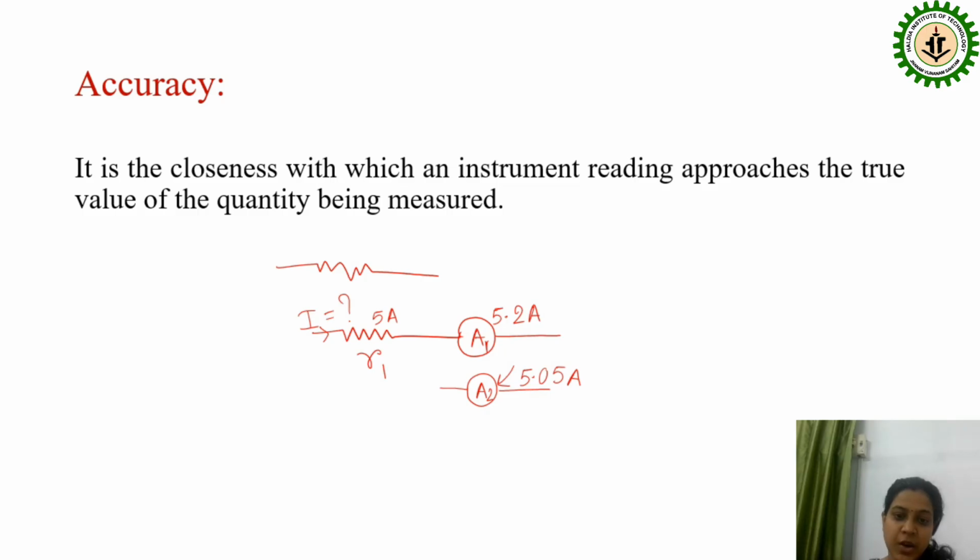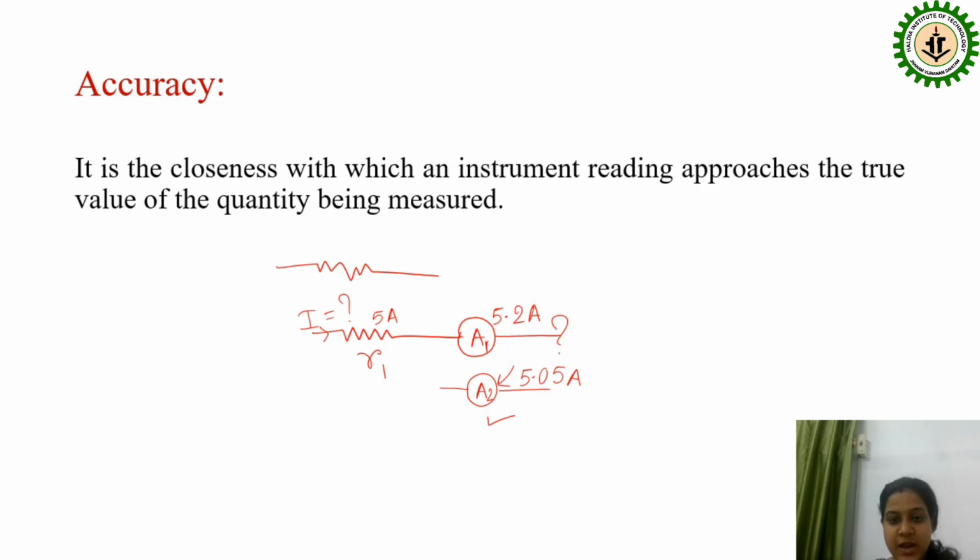So from this example we can say the A2 ammeter is more accurate compared to A1, because the value 5.05 ampere is very near or close to the true value, which is 5 ampere, compared to 5.2 ampere. So this is called accuracy.